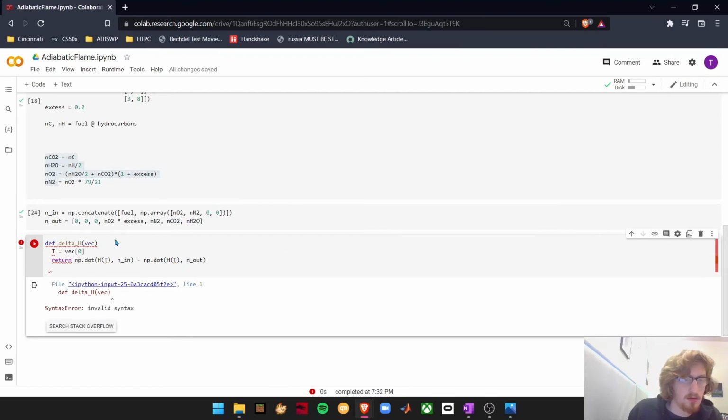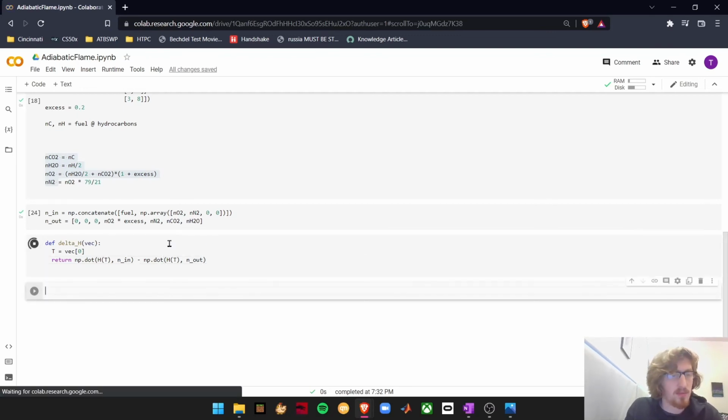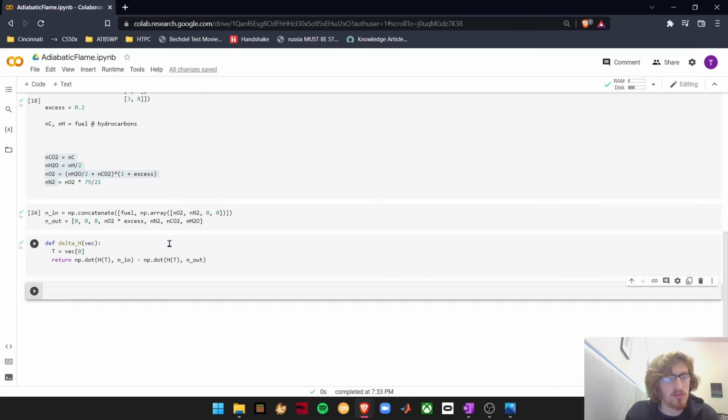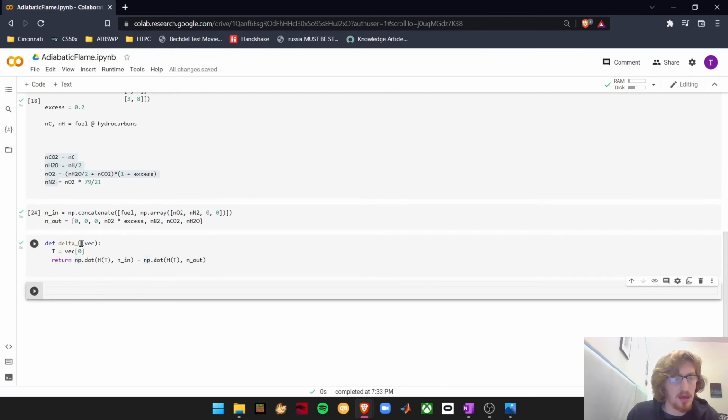Forgot a colon here. All right, let me double check this to make sure I didn't screw up any parentheses. Looks good. And then from here, all we need to do to solve this is find the root of this function here, and that will tell us the temperature of the flame.